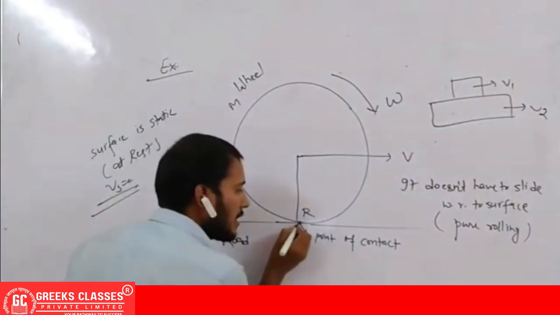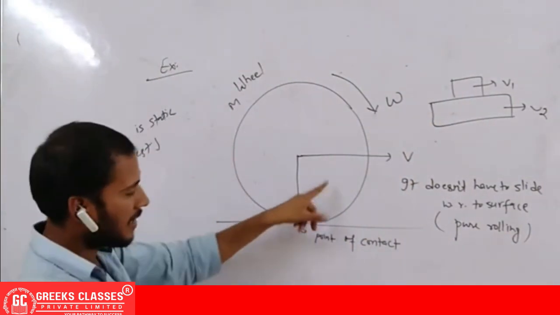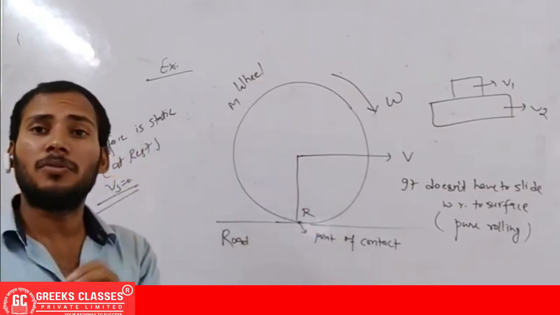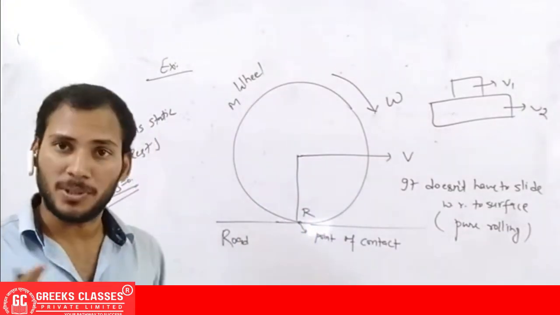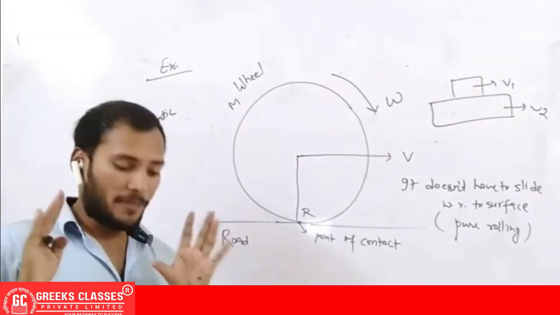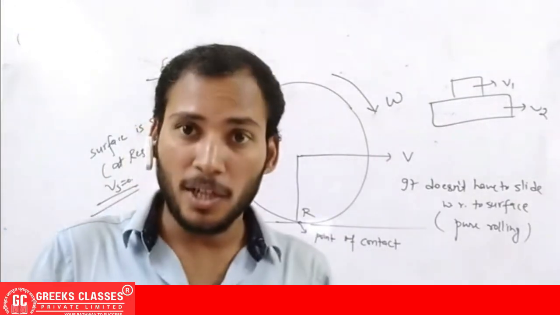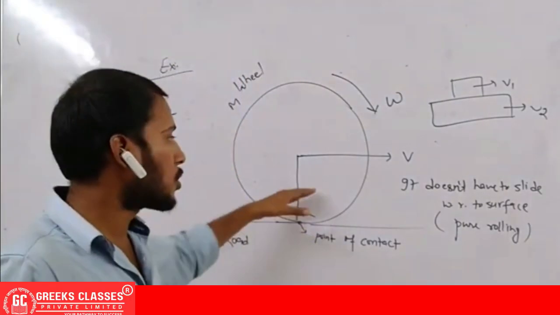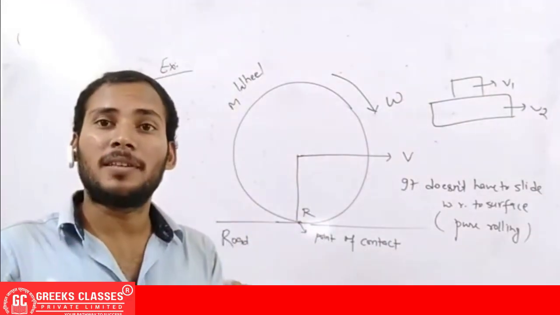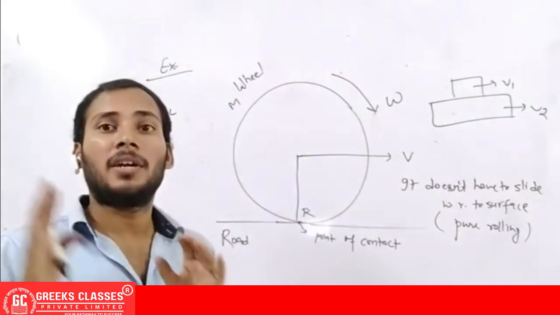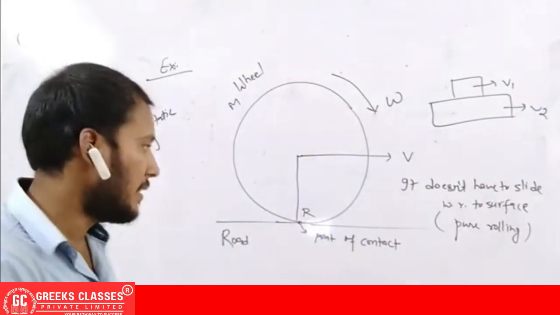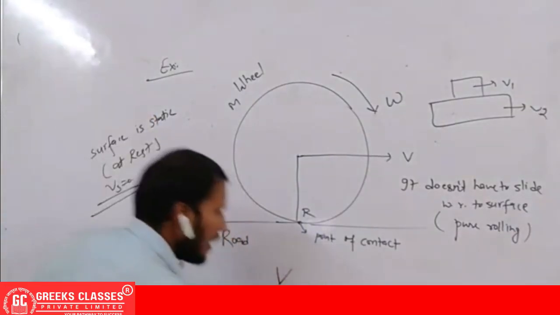That means the body and the surface should move with the same velocity. The relative velocity should be 0. Once again, no sliding means the relative velocity between the surface and the rolling body should be 0.